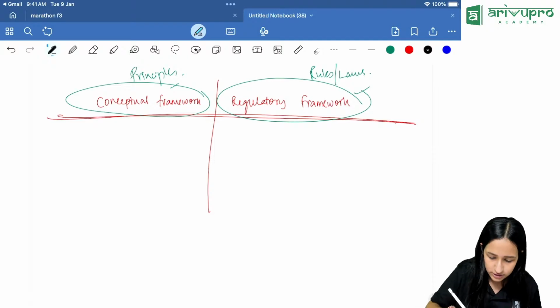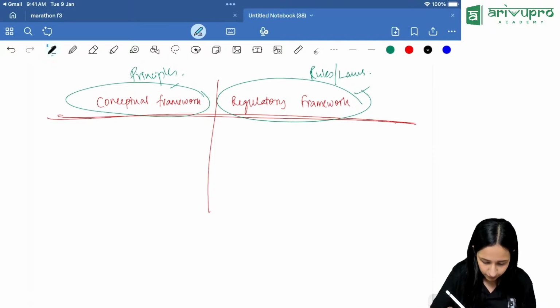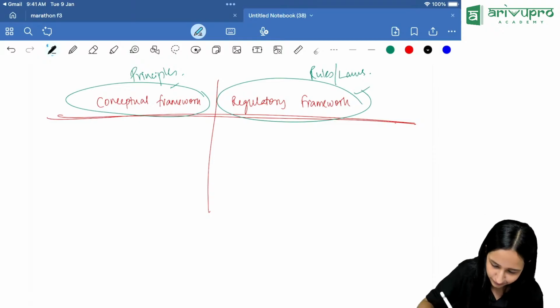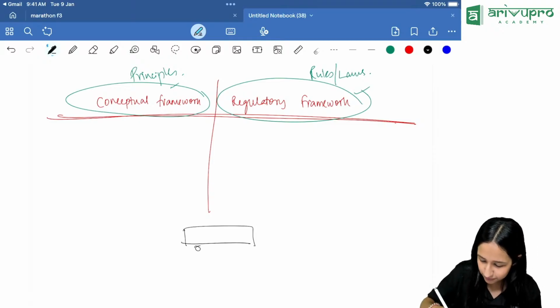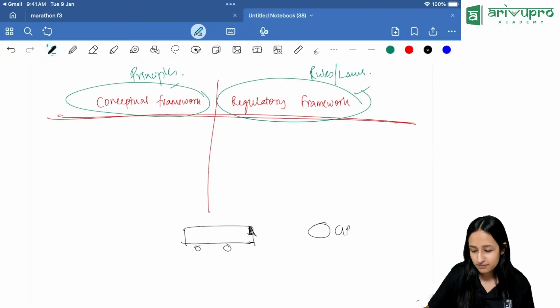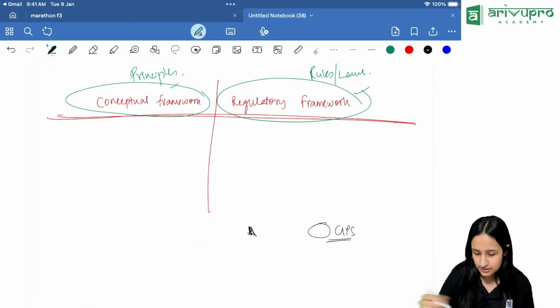When we look at the conceptual framework, I always like giving this example whenever I'm teaching conceptual and regulatory framework: going on a road trip. Whenever we are going on a road trip, we have Google Maps, let's say GPS, that guides us on the way to go. This is how the way is.